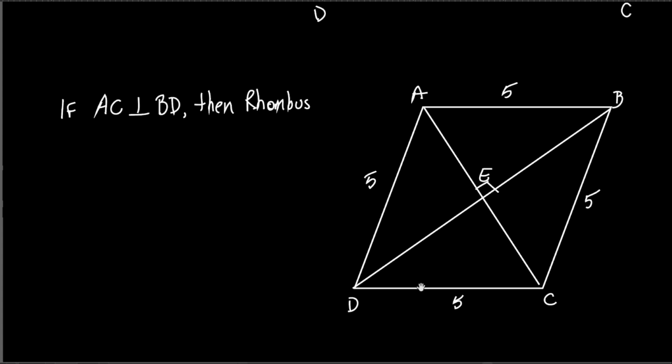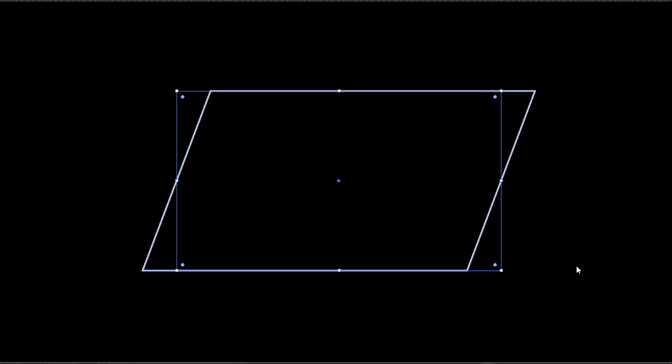All right, here's another one. So that's 2 of them. Let's do another one. Let's say it's not necessarily a rhombus, and it's not a rectangle. So let's kind of just shift this a little bit. That's good enough right there.